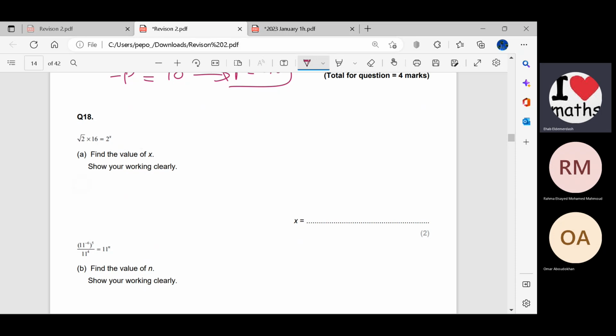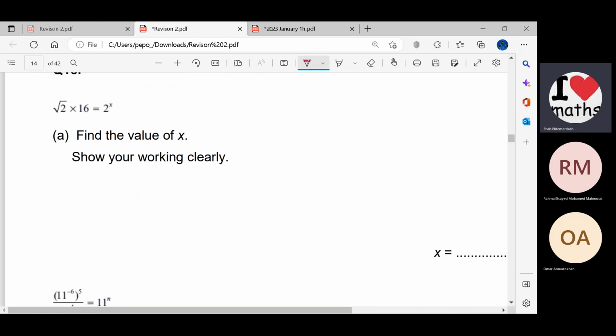Root 2 times 16 equals 2 to the power of x. So what do we have to do in this question? I can replace root 2 as 2 power half, multiplied by 16, which is 2 power 4. Now I can put all as base of 2.